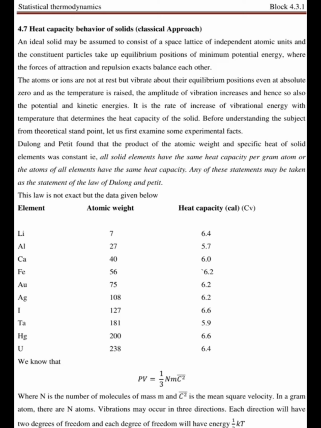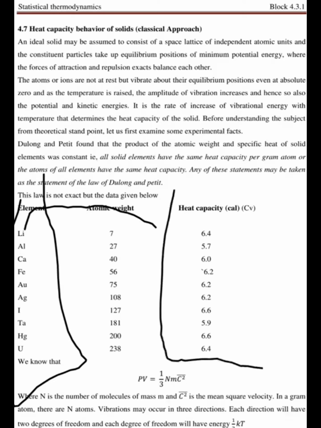So these are the atomic weights of different elements, where their heat capacity was approximately 6.2 to 6.4. So here the vibration also occurs in three dimensions, where PV is equal to 1 by 3 N m C bar square.